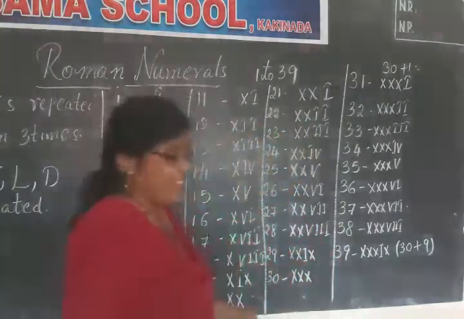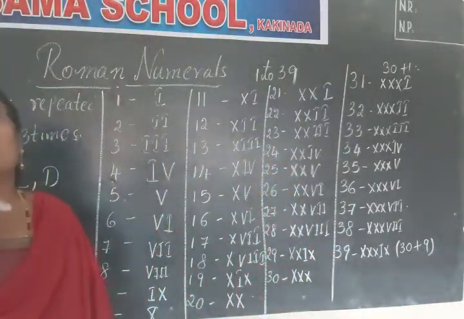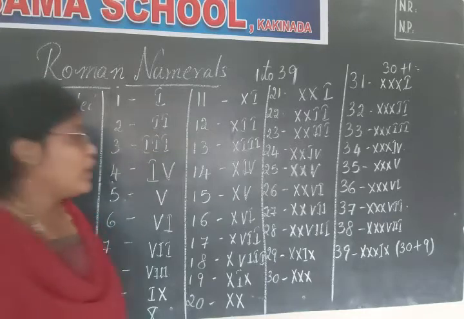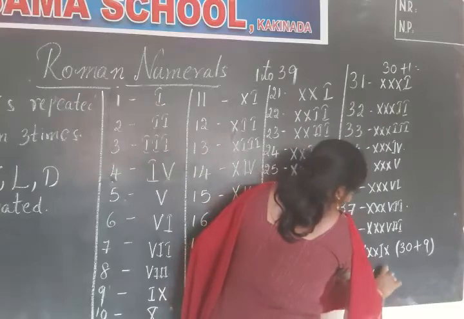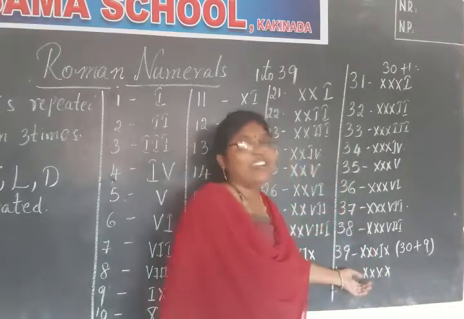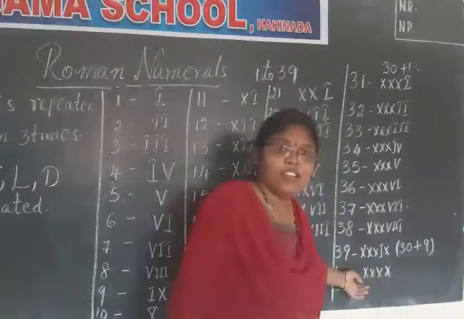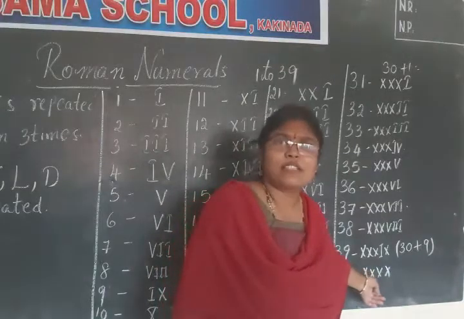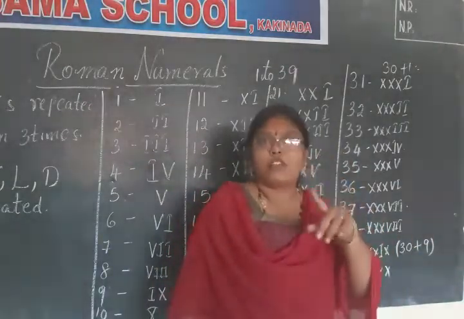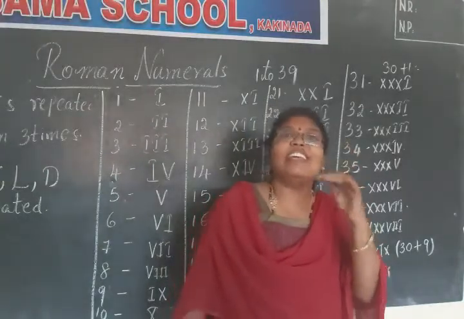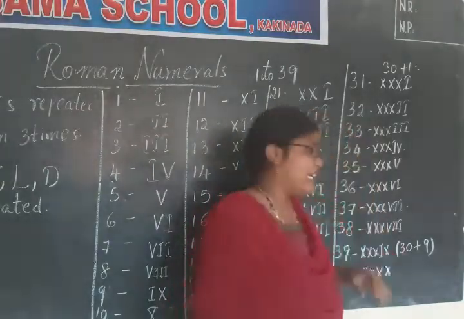Okay. And for 40, to write 40, what you have to do? You have to write 4 X's, right? So, can you write 4 X's? We should not repeat any symbol for more than 3 times.